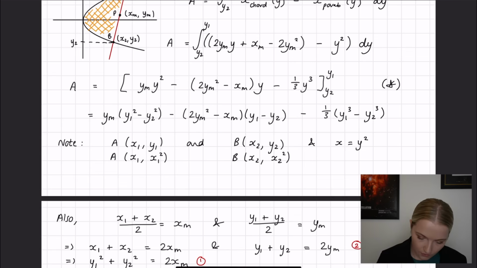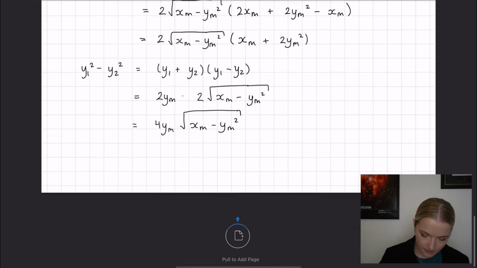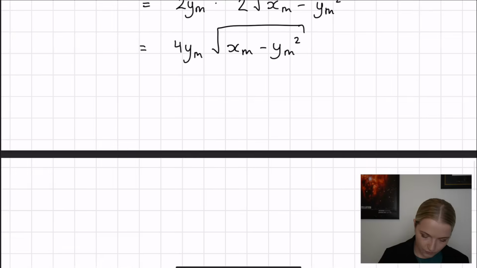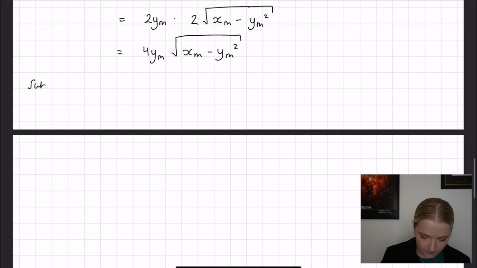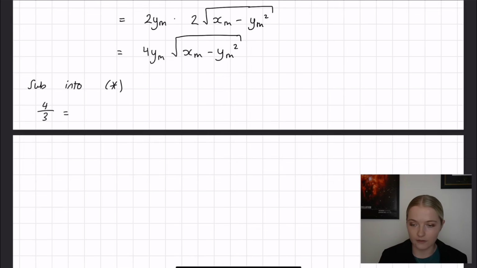So, in fact, I'll call that star instead, and we'll substitute into star. So what do we get? Well, we get the area is going to be 4 over 3, because we're told that in the question. Area is 4 over 3.